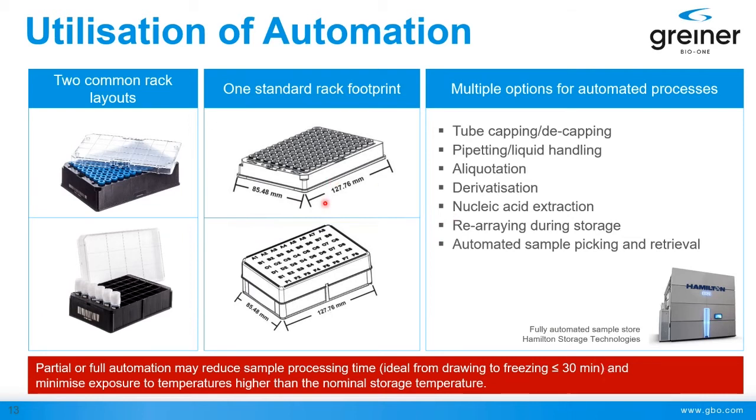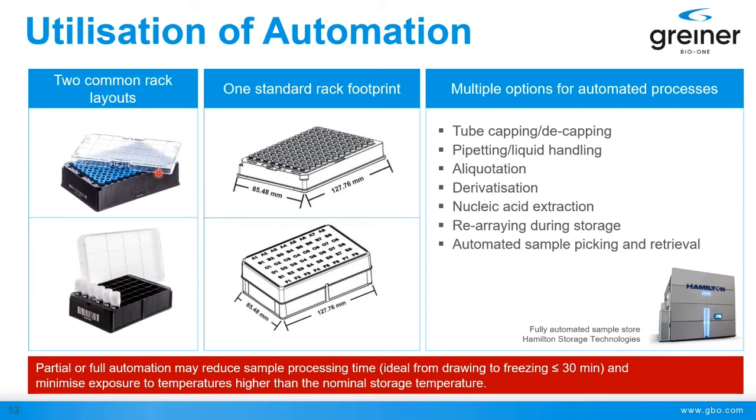The idea is that already decades ago, in the high throughput screening field, standards were developed, and one of them is the SLAS ANSI standard, formerly the SBS standard, the plate footprint standard. All our microtiter plates follow this standard, and also these 96-way racks and 48 format racks follow these standards.